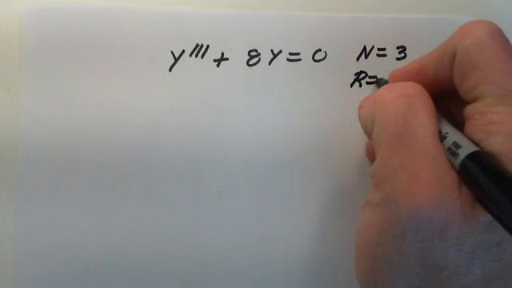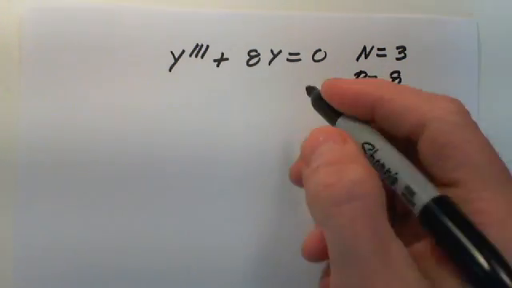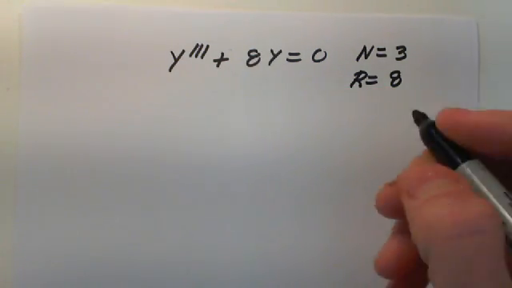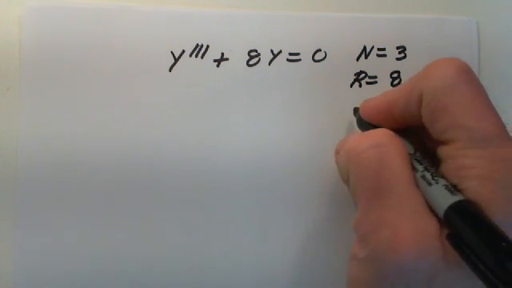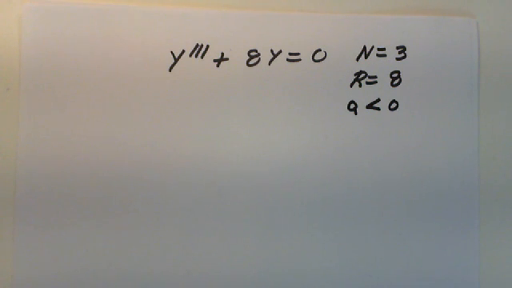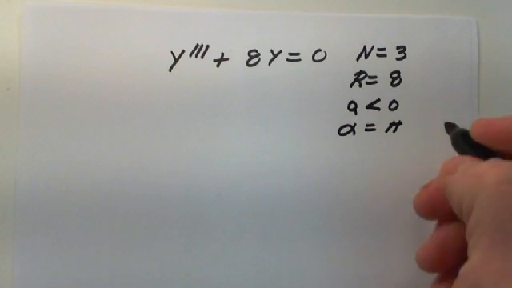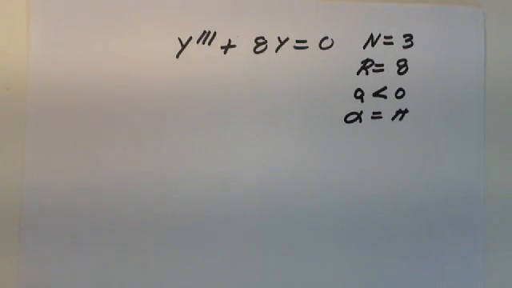Our r value is going to equal the 8 here. I should have said earlier, a is really equal to negative 8. A is going to be less than 0. So what that tells us immediately is that alpha is going to equal pi. Again, I recommend you do this on every problem like this, and then they're really quite easy.